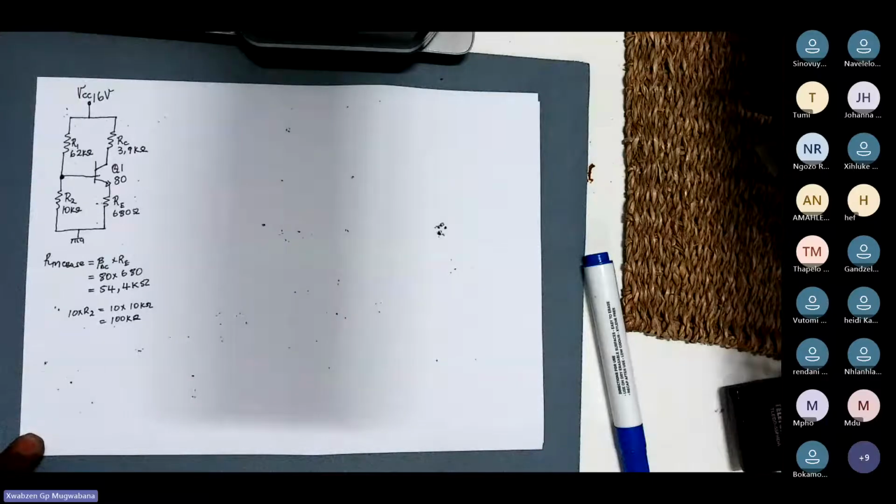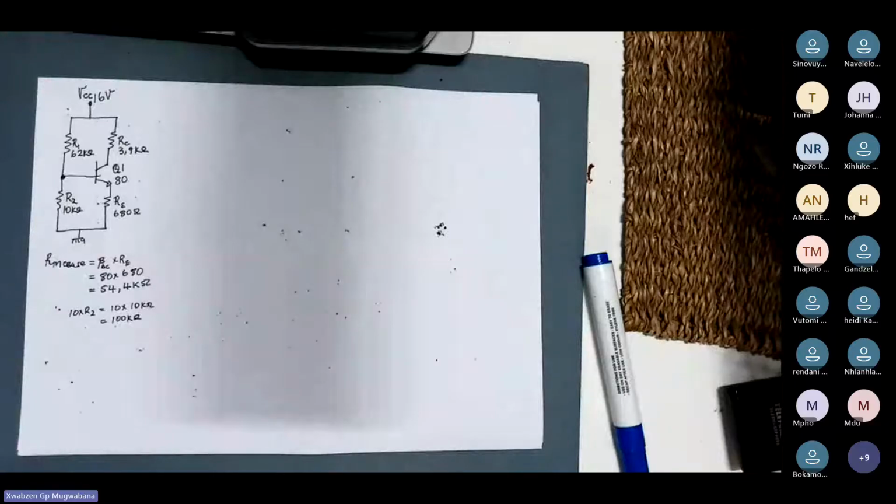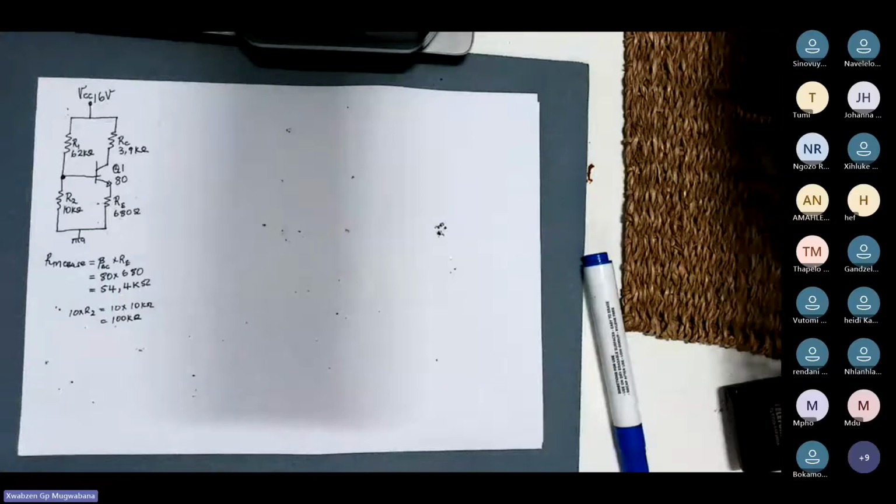Are we together so far? Okay. Now, once we determine this, we need to compare the two. We compare 100 kilo ohms and 54.4. Is R in base greater than 100 kilo ohms? No. Which means your transistor is not what? Stiff. It's not stiff.